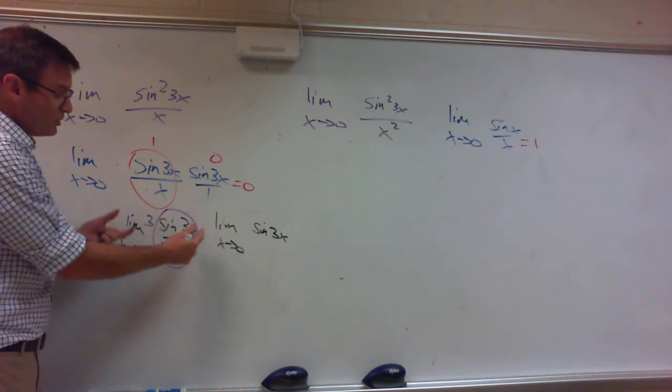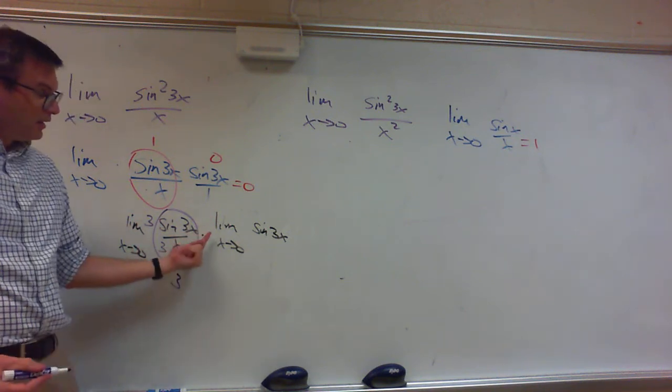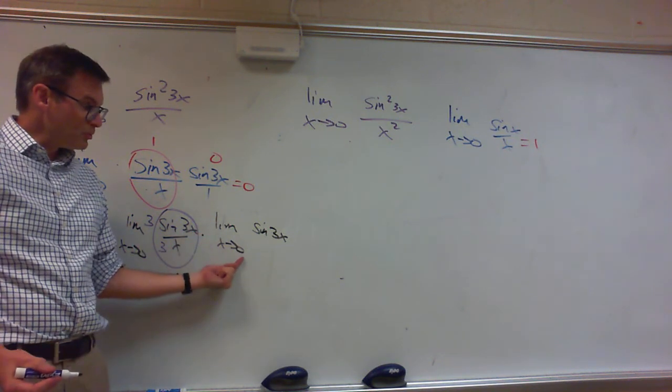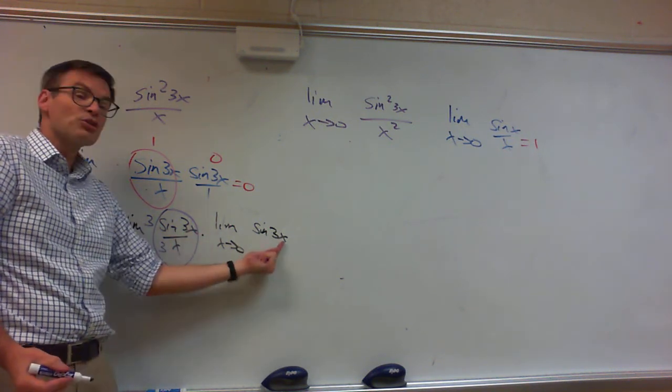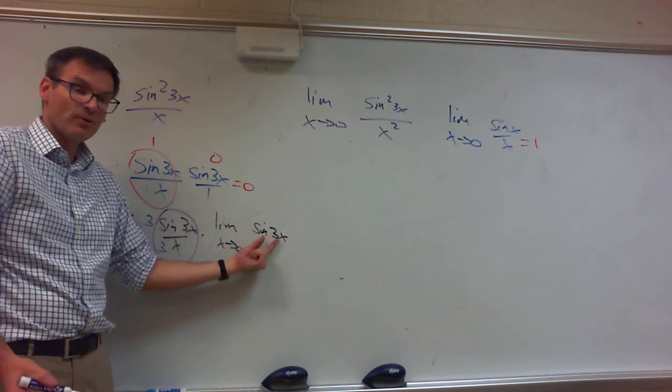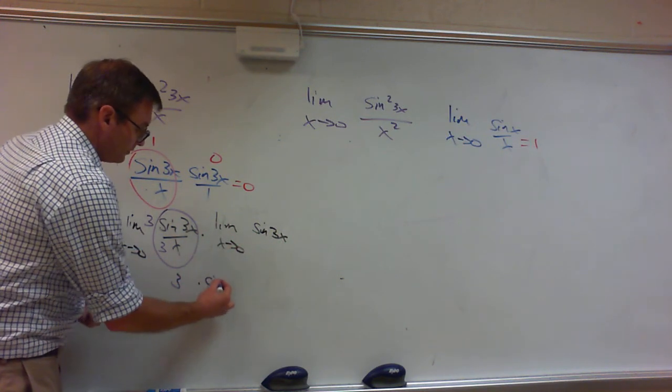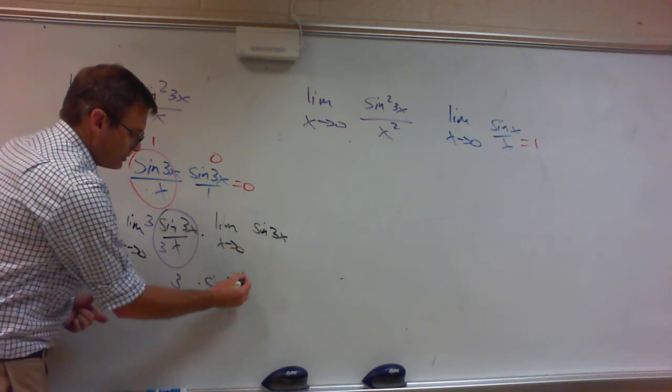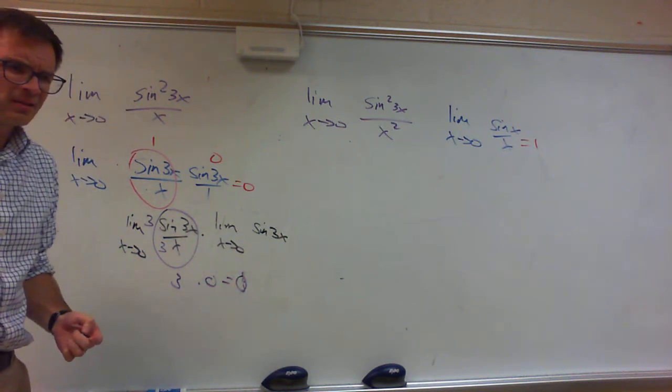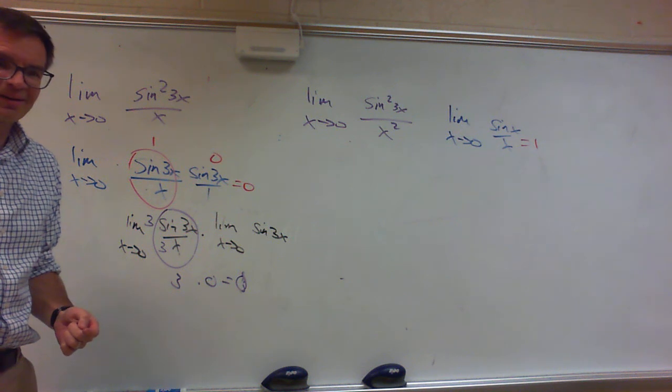I have 3 times 1, so this part ends up being a 3. And now if I want to compute what's the limit as x approaches 0 of sine of 3x, if I plug the 0 in, I get sine of 0, which is 0. And that's where I get my 0. Did that make sense? Or no?